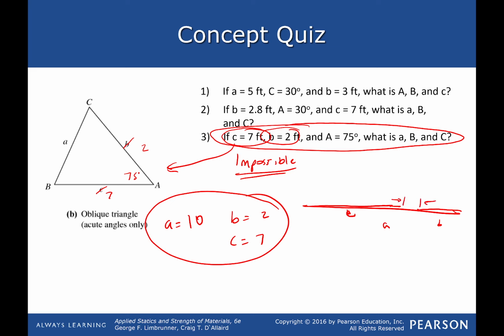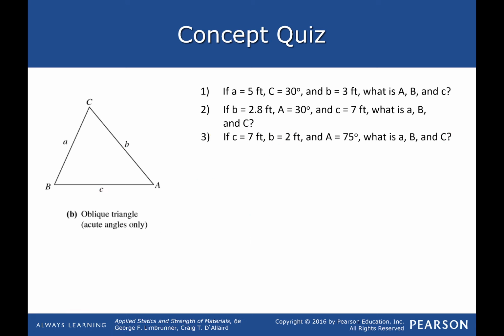Okay, we'll do that last example, and then we're going to call it good for today. So if A is equal to 3, B is equal to 4, and C is equal to 5, this is a very common triangle. So that's 3, that's 4, and that is 5.